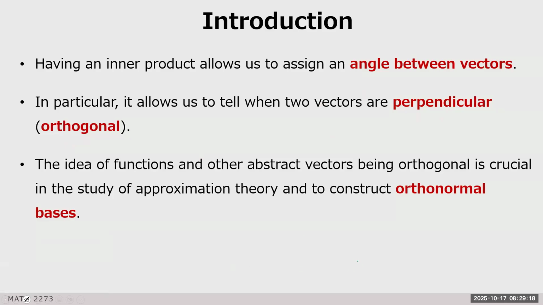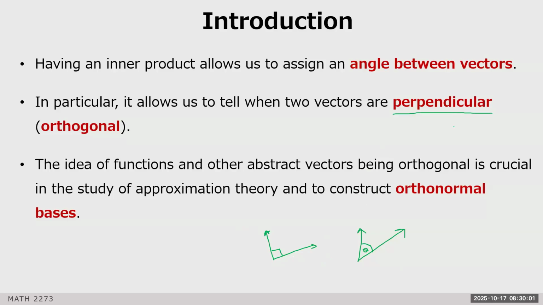So if you remember, if we were dealing with these vectors from high school, these arrows, the angle between these two vectors was this guy. It was the smaller of the two angles. The angle that we are after is 90 degrees. But again, you may have encountered this in your high school math, where they told you, okay, if the dot product between these two arrows is 0, then they are perpendicular.